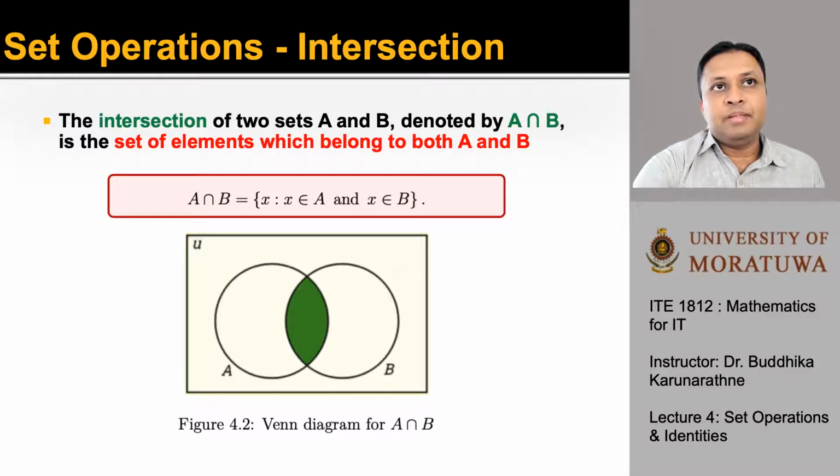That is the elements which belong to both A and B. In other words, which are common to both A and B. Once again, you have a mathematical notation as well as Venn diagrammatic notation, and you can see the colored area in green, which is common to both sets A and B, does represent the intersection of A and B.